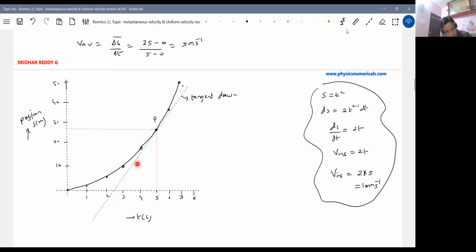Then the slope of the tangent should be the instantaneous velocity. How to calculate the slope? I think you know. You can take a protractor and measure this theta. This is nothing but v instantaneous, which is equal to tan theta. Theta is measured by protractor.